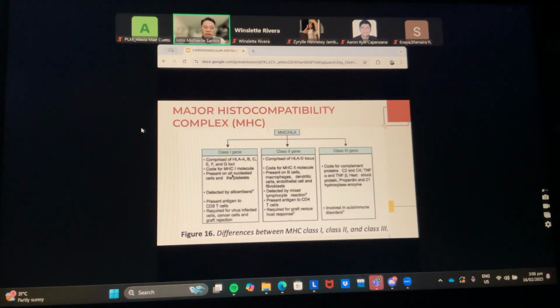So class 1, it's comprised of your HLA or your human leukocyte antigen A, B, and C. Yan yung majority of your class 1. So for class 2, nandiyan si HLA-D, which is further subdivided into DR, DQ, and your DP, okay?